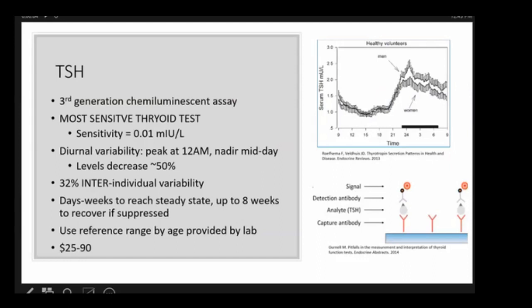So if it's been suppressed for whatever reason, which we'll talk about in a minute, it can take up to 2 months to really recover. So it's not very valuable to check TSH more frequently than every 6 to 8 weeks. You should definitely use the reference range by age provided by the lab, as TSH does vary throughout the lifespan. And this is a fairly affordable test, anywhere from $25 to $90, depending upon the company used.